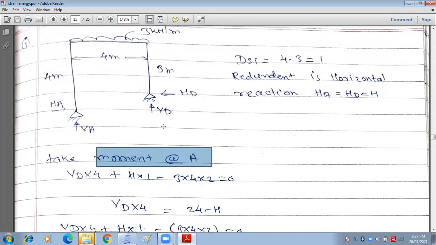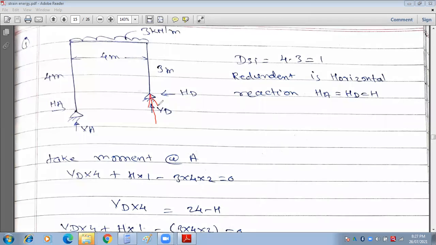A. Due to the reaction Vd, there is an anticlockwise moment Vd into 4. Then the horizontal reaction H makes a perpendicular distance of 1 meter, because this span is 4 and this span is 3, the difference is 1 meter.